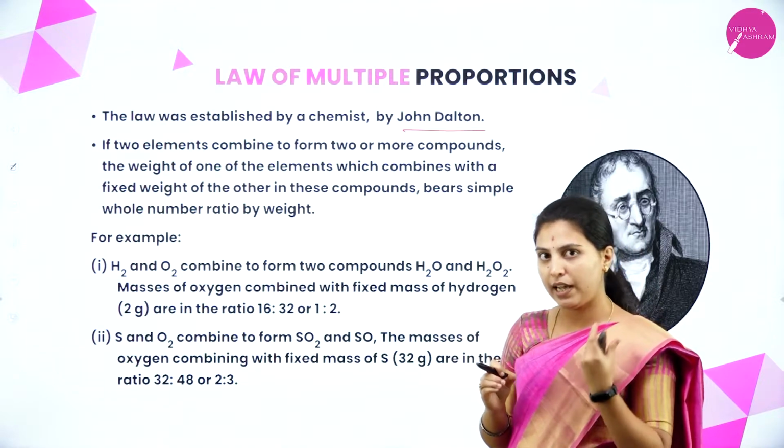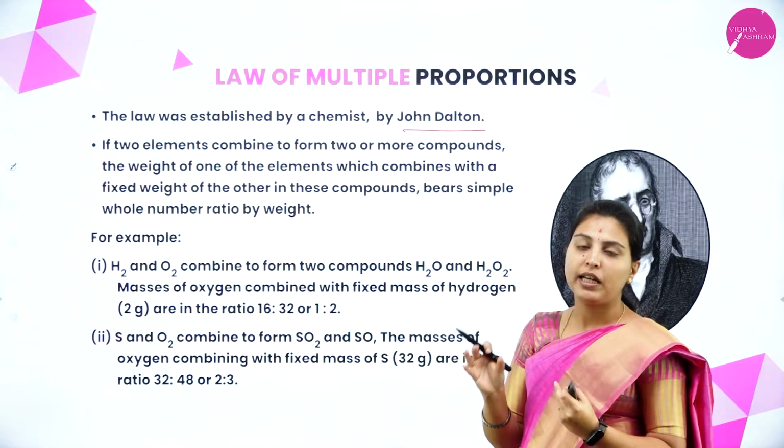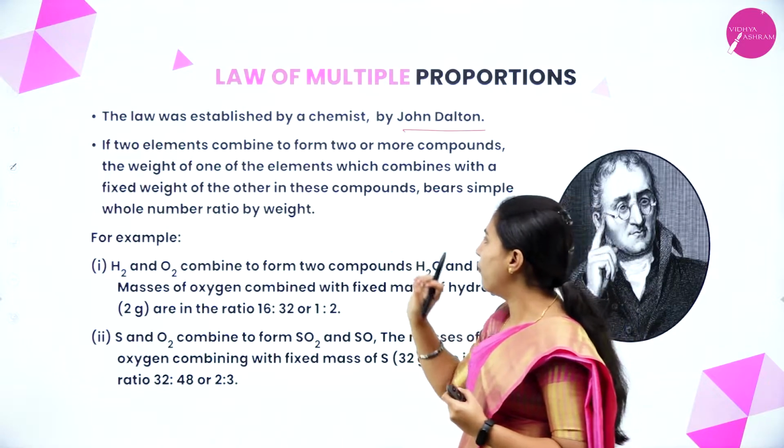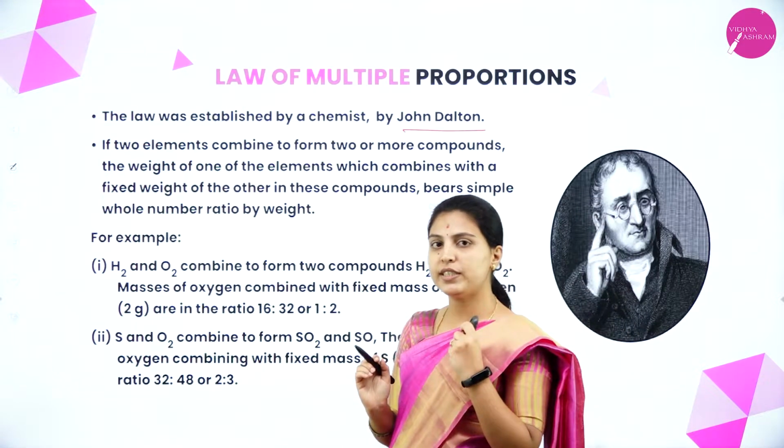One element having a fixed amount will be combined with another element's fixed amount, and that time it will form a compound. Two or more compounds will have a whole number ratio of its weight.